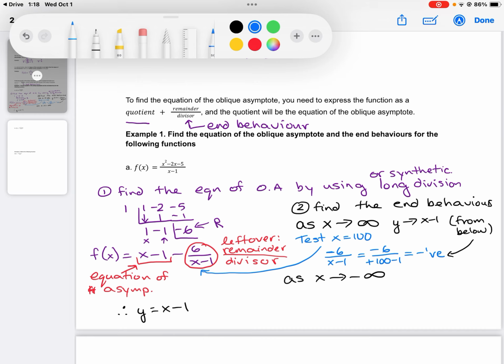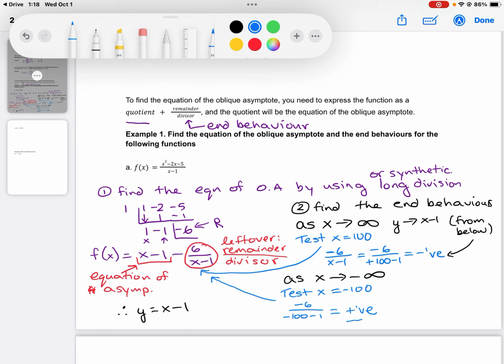So now I'm going to see what happens as it gets large in the negative direction. So I'm going to test x equals minus 100. Same thing, I'm substituting into this leftover piece after I do long division. I've got minus 6 over minus 100 this time, which is going to equal a positive value, which means that when I'm at x equals minus 100, I'm going to get to x minus 1.